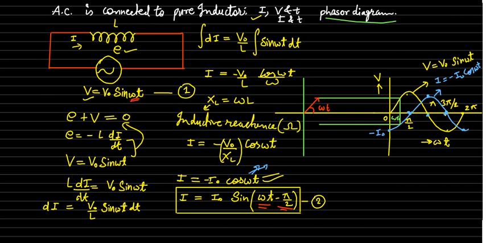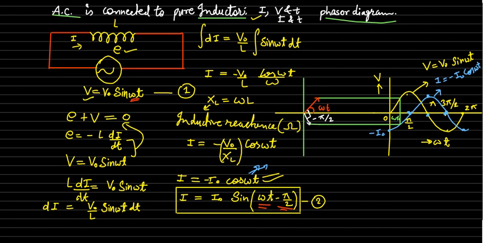So current is lagging behind, so from here we will go behind by pi by 2 angle. Because it is clockwise, we are coming behind, so it will be minus pi by 2. If we extend this line here, this is the phasor diagram for the pure inductor when it is connected to an AC source.